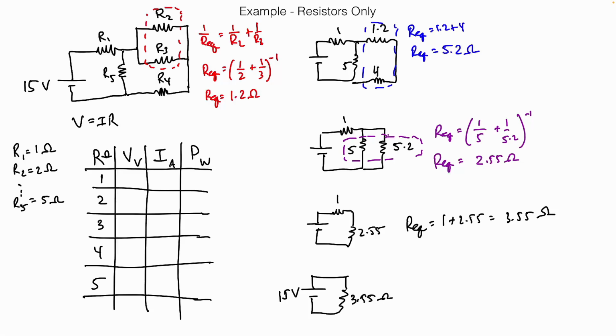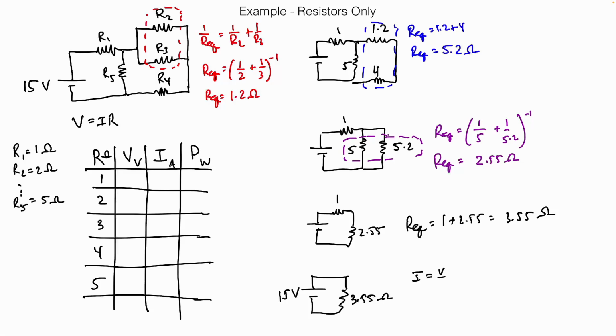We look at our simplified circuit here. What are the two things that we know? Voltage and resistance. So what's the thing we don't know?